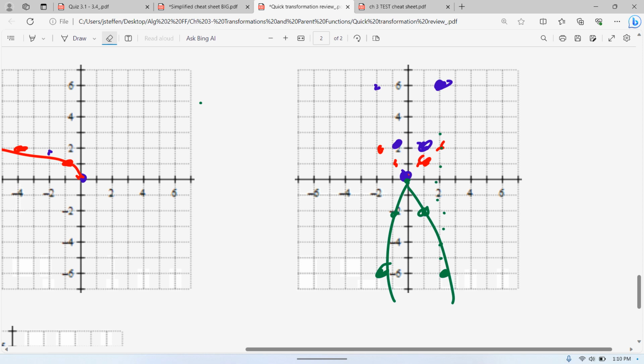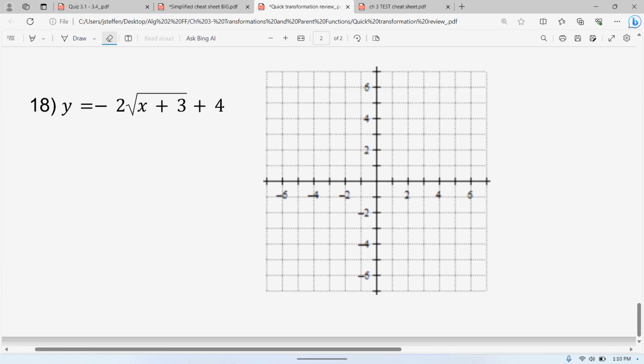Now the last one, I'm not going to go through it because of time, but you guys could do this. It'll take a while, but you can start with your parent function. Then just go through. We are moving it to the left. The 2 in front is a vertical stretch.